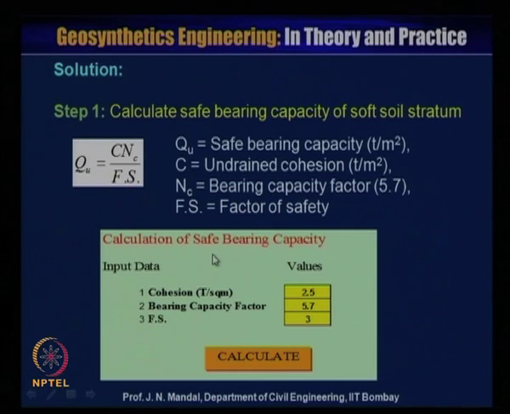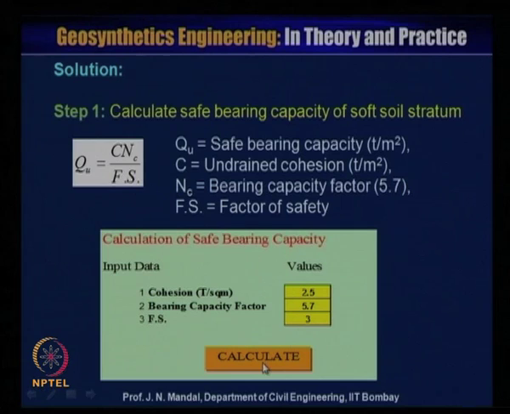So, you put input data, cohesion is 2.5 ton per square meter and bearing capacity factor is 5.7. So, factor of safety 3.